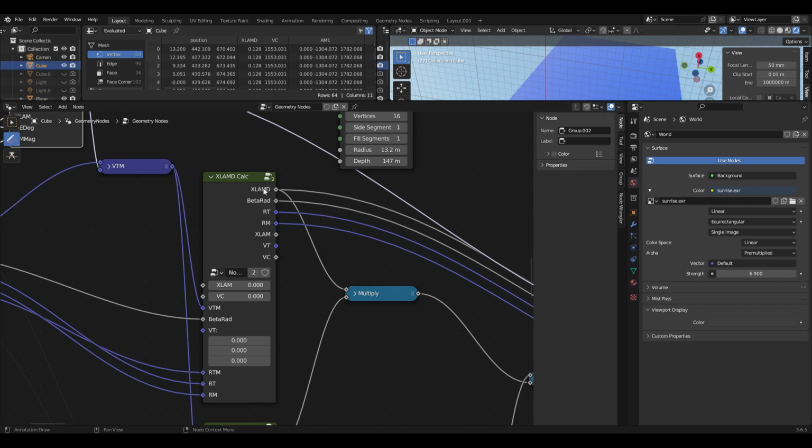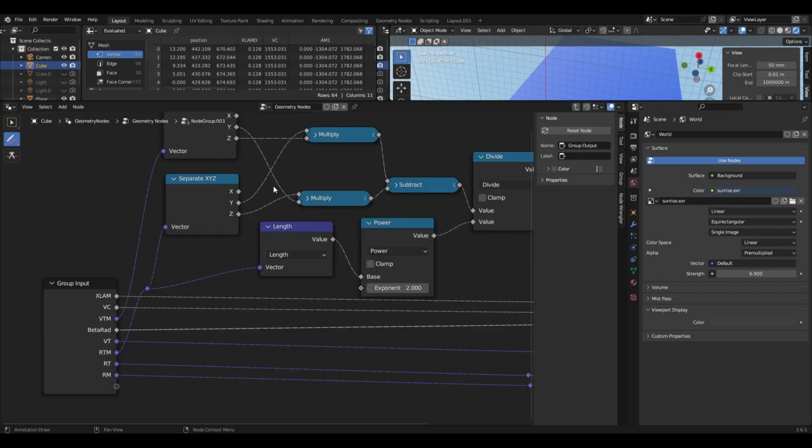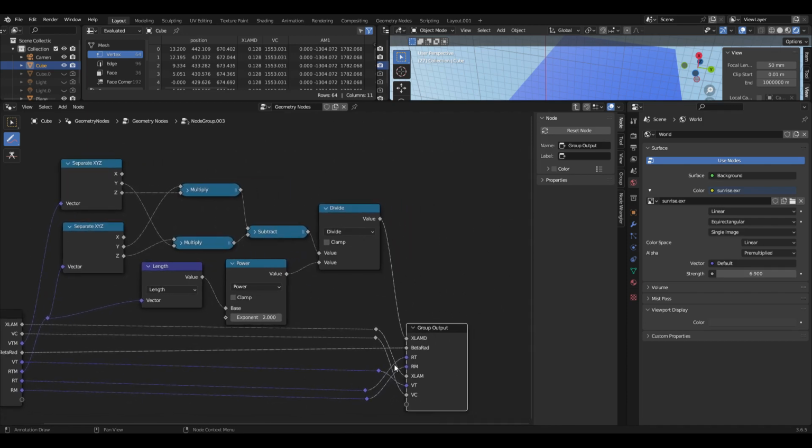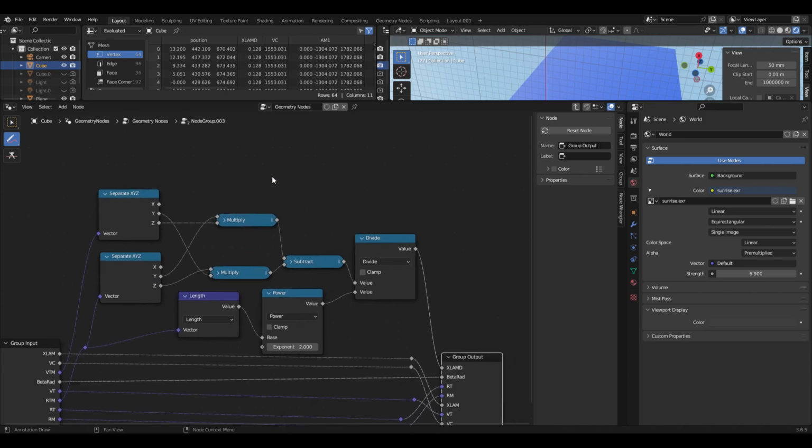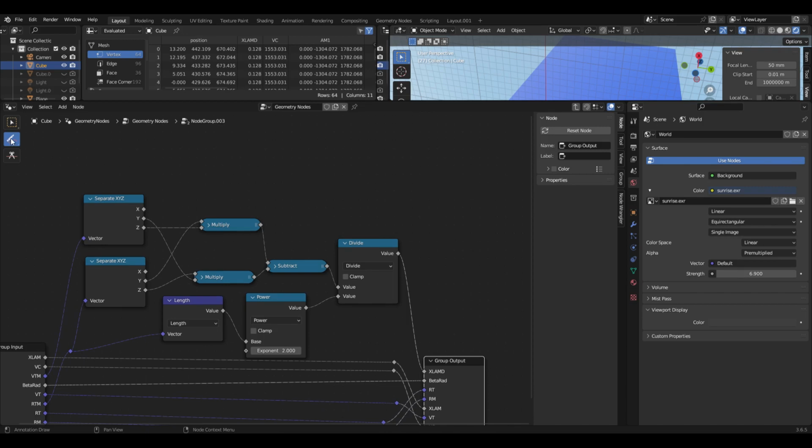And so VTM is similar to the RTM, which is just VT minus VM, those two vectors subtracted from each other. And so if you want to calculate the rate of change of lambda, we can dive into this node, and you can see I'm pulling out the y and z components of VTM and RTM to calculate that.